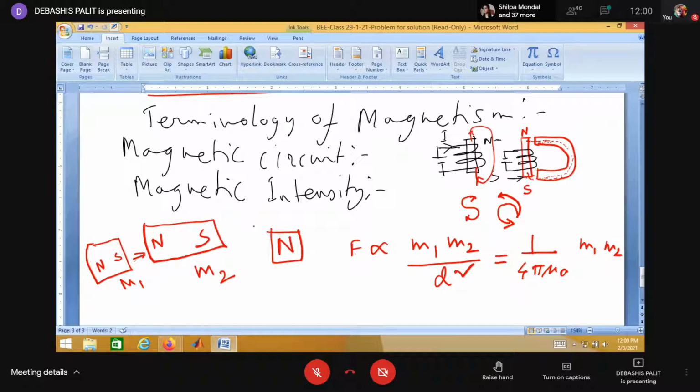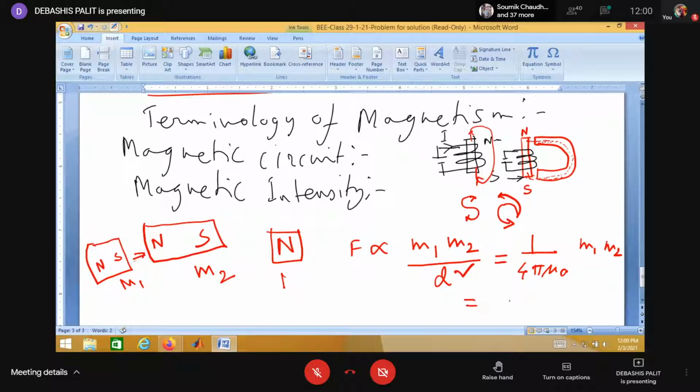As per the magnetic intensity definition, a unit magnetic pole means the pole strength is 1. If we carry the unit magnetic pole near the magnet, how much force is developed on it?